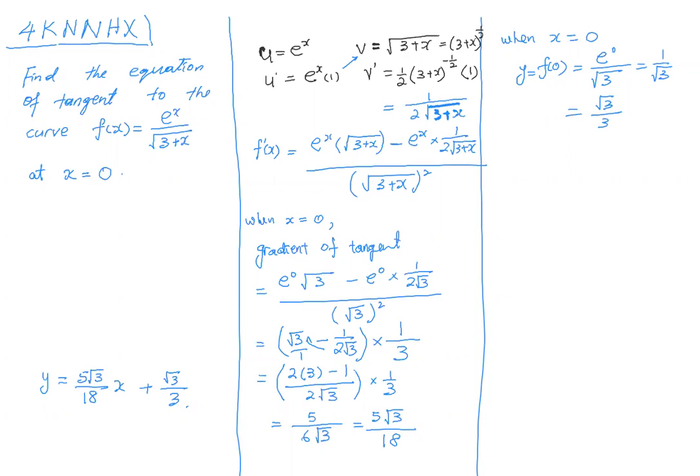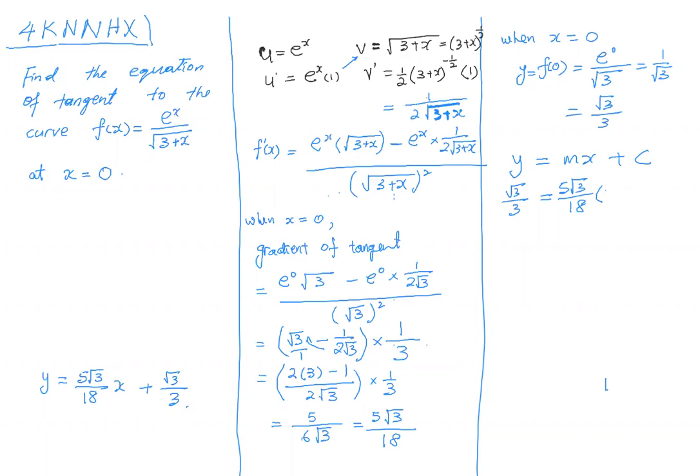Then I put into y equal to mx plus c to find the c. So my y is root 3 over 3, equal to, my m is 5 root 3 over 18. My x is 0. Sorry. So x is 0, you just put 0.